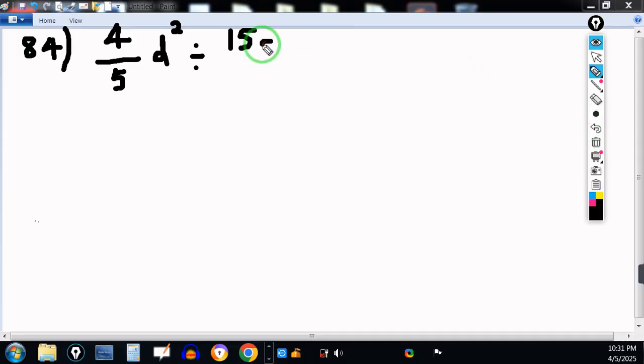Now, if you look very carefully, the base is not the common base, but because it's division, it can be handled. That's why. Okay? For division, it can be handled. No problemo. You see, it's 4/5 is 4/5. Nothing changing over there. The d squared is still the d squared.